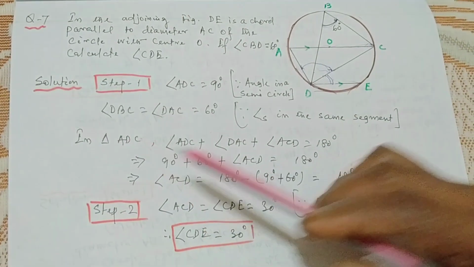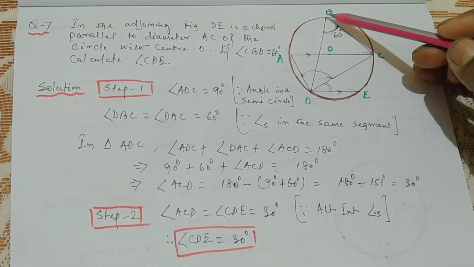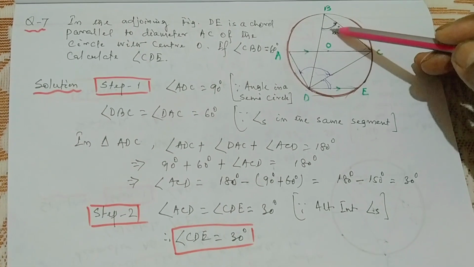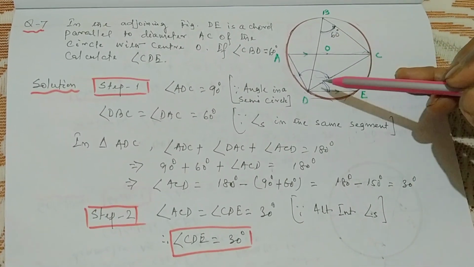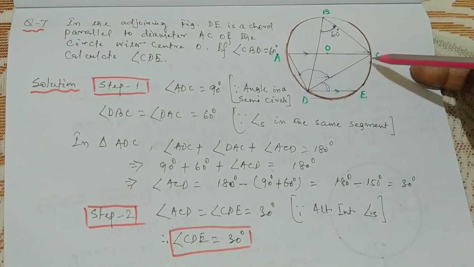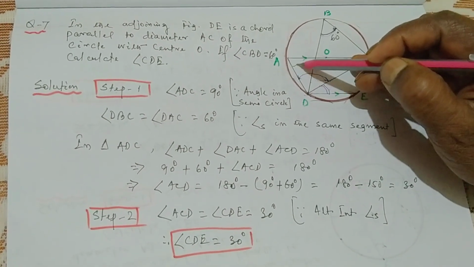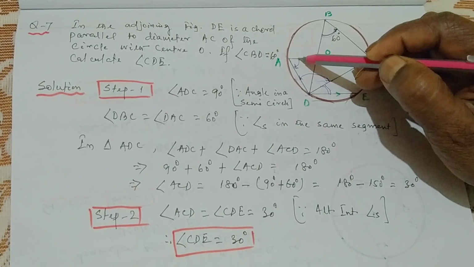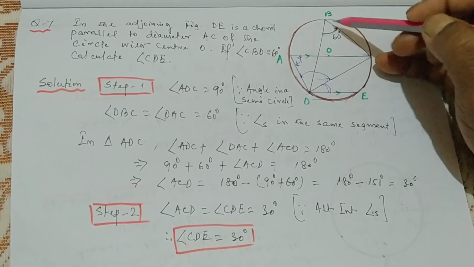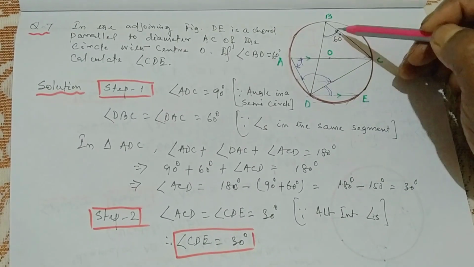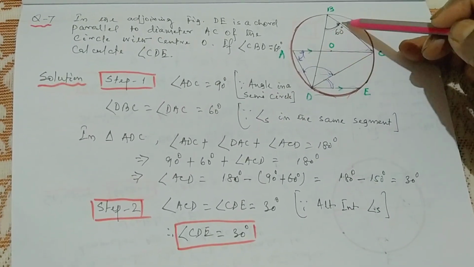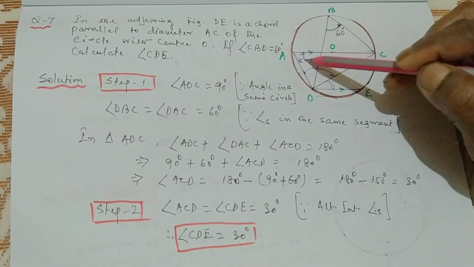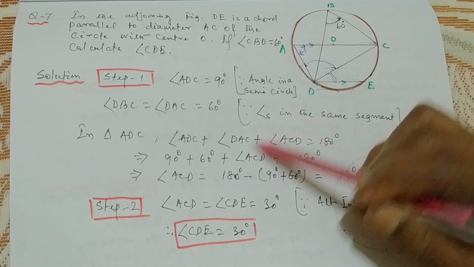Angle DBC, this angle equal to angle DAC, this angle. DBC and DAC, दोनों equal, that is 60 degree, because angles made in the same segment. That is why the value of these two angles are equal.